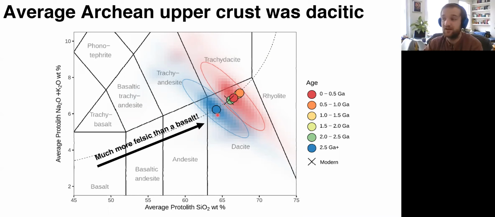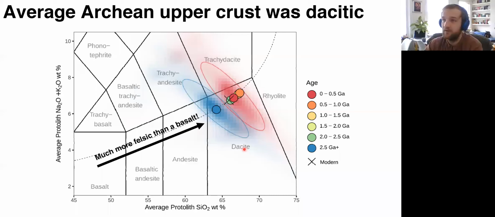It's high in silica, it's a dacite, it's a very evolved igneous rock. And these represent 1 sigma uncertainties. So you can see that there is some error in this, but again, nowhere near enough to give you a mafic igneous rock. So the Archean upper continental crust, as represented by sediment protoliths, was a dacite.